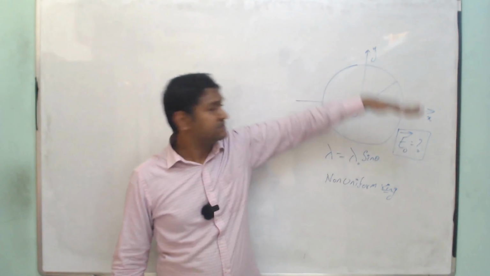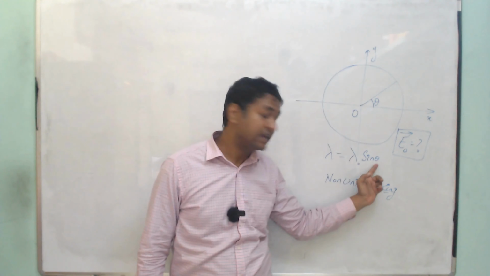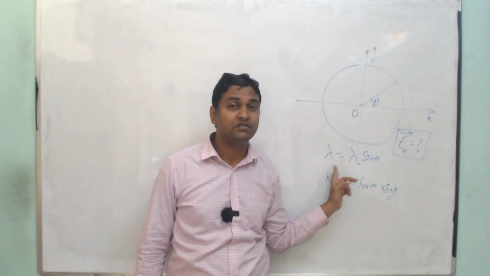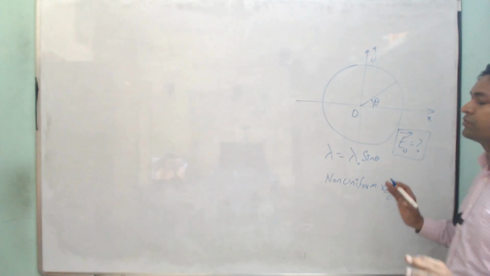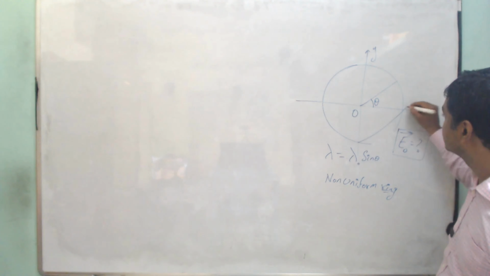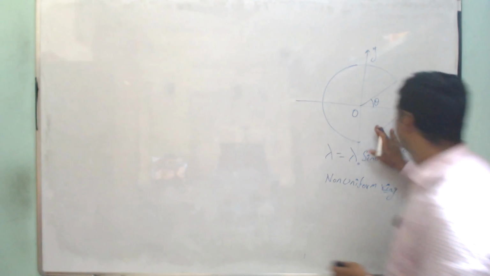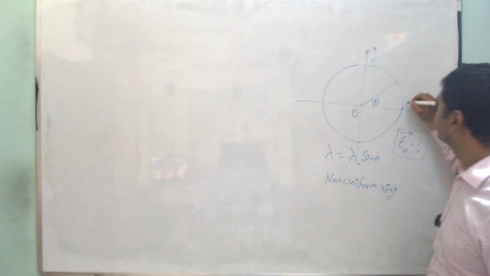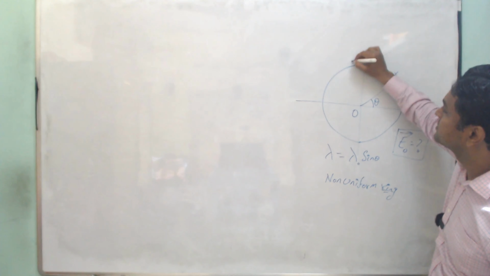Also, sine 0 is 0, sine 90 is 1. So, at 90 degrees lambda will be lambda naught, and when theta is 0, lambda will be 0. First, only for my better understanding, I want to understand how the charges are distributed. So I understood that on the first quadrant and the second quadrant, the charges are positive.